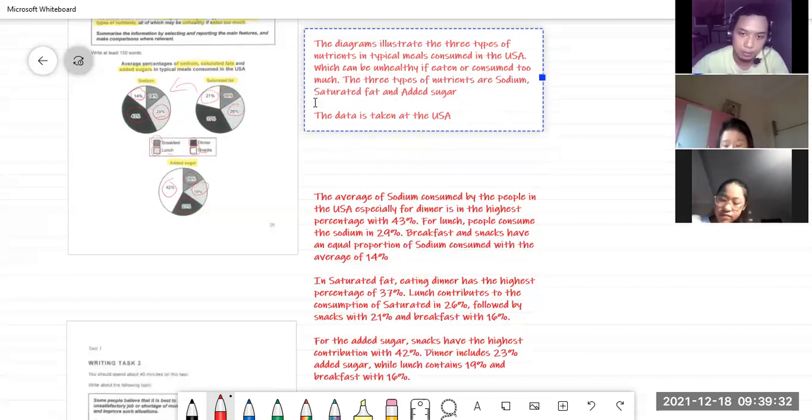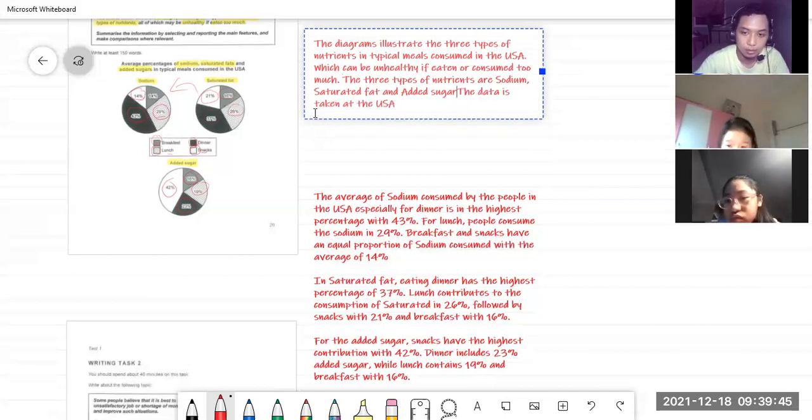The three types of nutrients are sodium, saturated fat, and added sugar. And the data is taken in the USA.